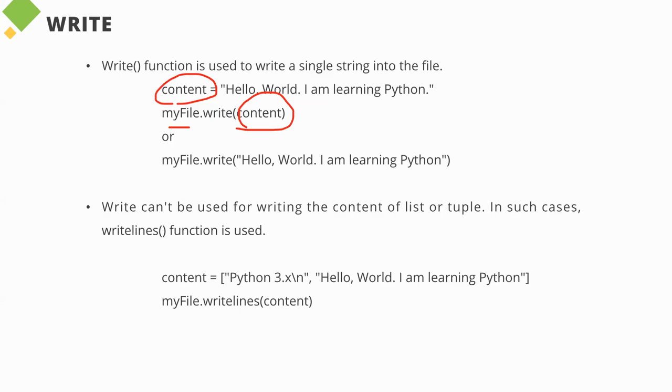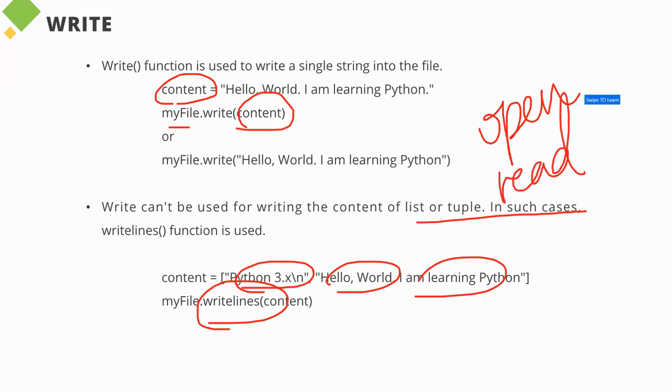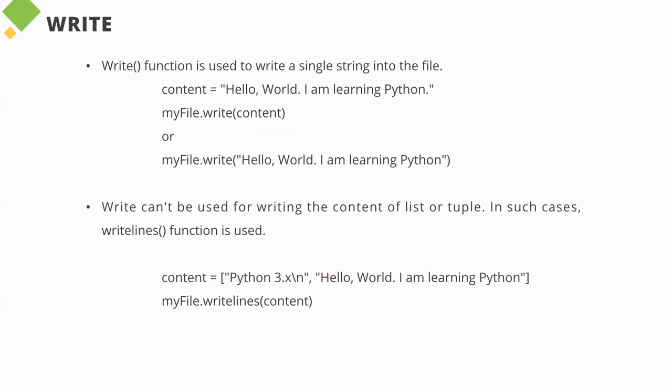If you want to write content from a list or a tuple, multiple lines or multiple items, we use the function writelines. These are all the built-in functions available for files. So open is used to open the file or create the file, read to read the contents, write to write the contents. Okay, this is how you write with files.